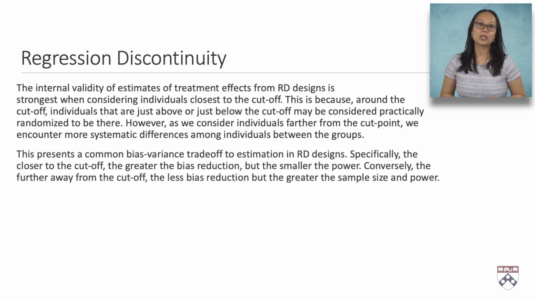And so this actually presents the common bias-variance trade-off to estimation that is not only typical in RD designs, but also in statistical analyses in general, where the closer to the cutoff that we get, the greater the bias reduction, but the smaller the power, because we are essentially reducing the sample size. Conversely, the further away from the cutoff we get, the less bias reduction we can achieve, but at the same time, we do get a greater sample size since we're including more people. And as a result, since we have a larger sample size, we get more power.